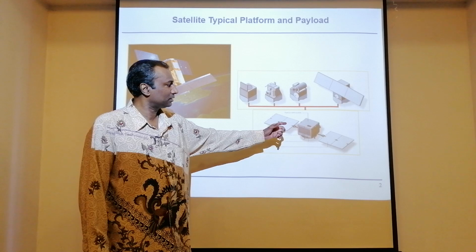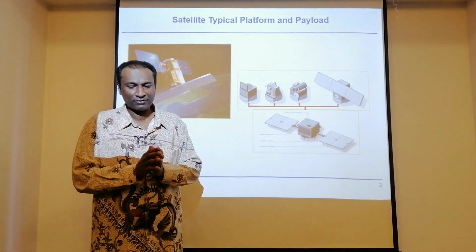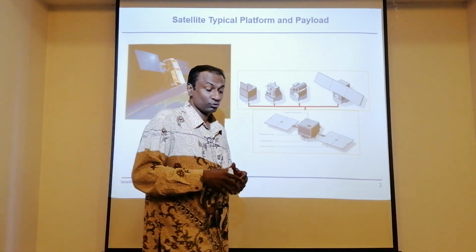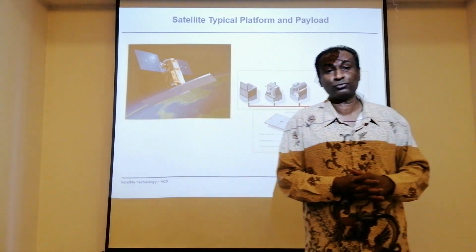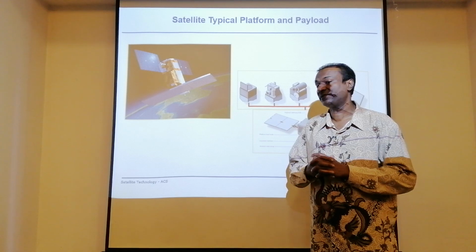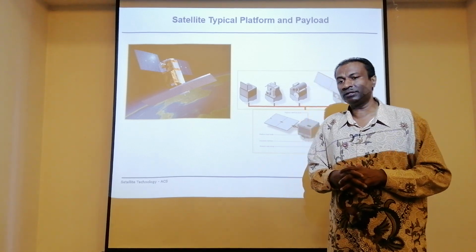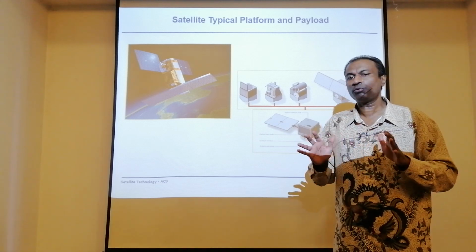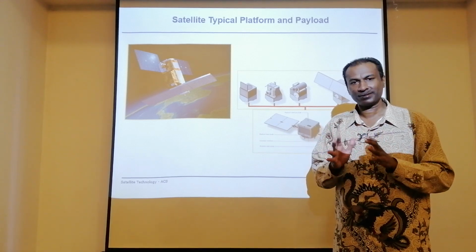Later I will show you, when I cut open this platform, what the equipment inside is, so that it should also reflect all those subsystems that you have been covering in satellite technology. So when you look at a satellite, there are two major components that you can always see, two major parts in fact.